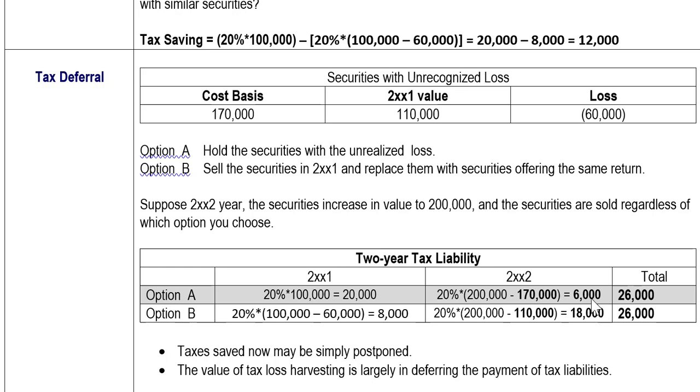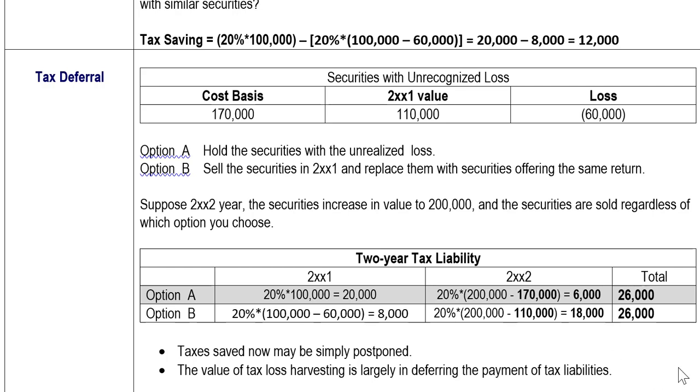And you may ask the question, so what is the point that we actually defer? We actually want to defer the tax liability by realizing the loss in the first year, for so-called tax harvesting.